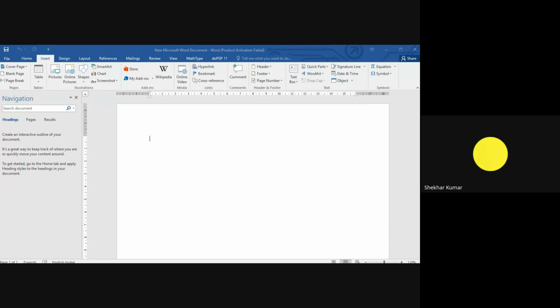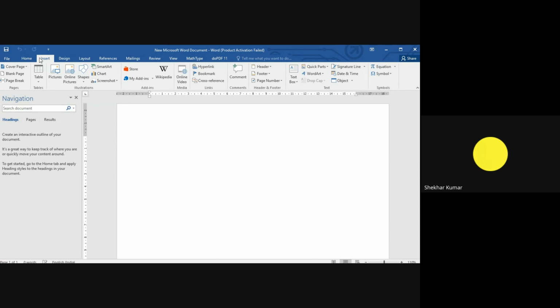Is any prompt visible? I think it is not visible in your system. Yes, it is not visible, sir. We can see just the blank screen. Okay, but I'm telling you the steps.